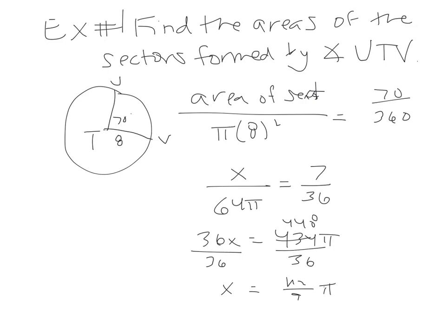And so that is the area of the small sector. Now, in order to find the area of the other sector, because we do have the larger one formed also, I could set up another proportion and solve, or I could just compute the full area of the circle minus 112 over 9 pi. I think that's what I'm going to do.